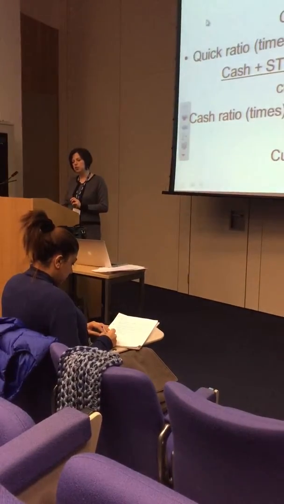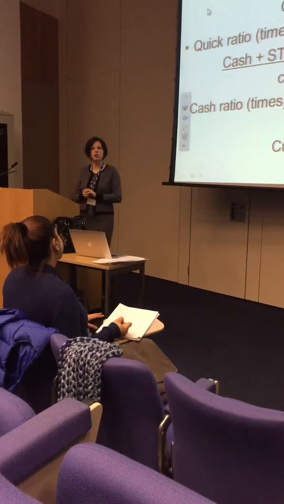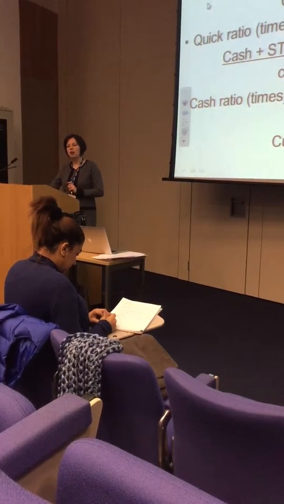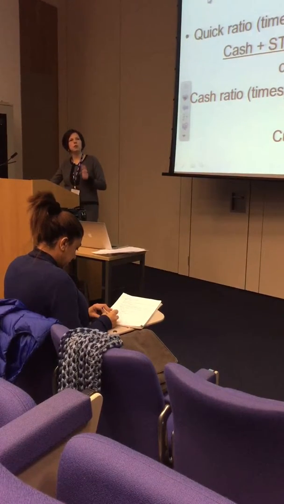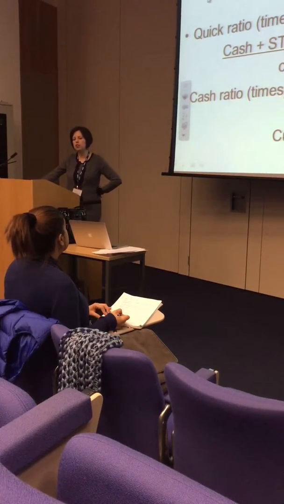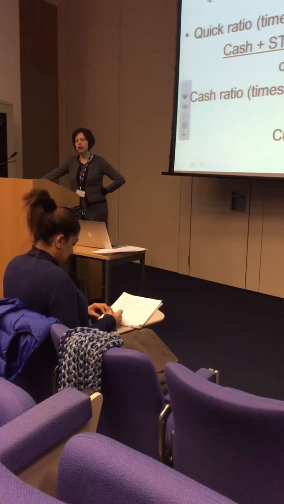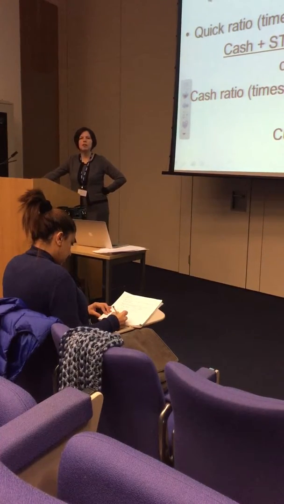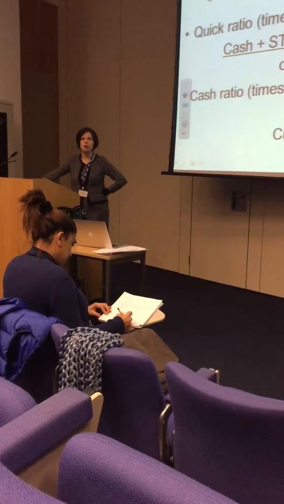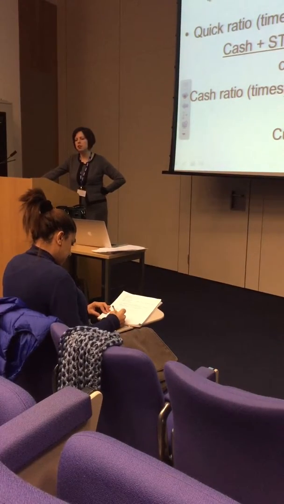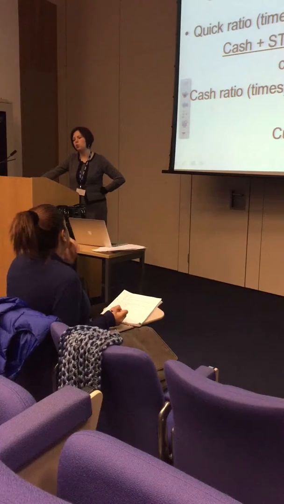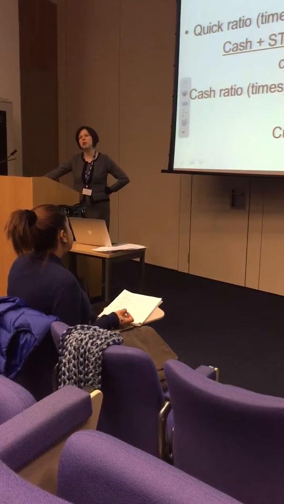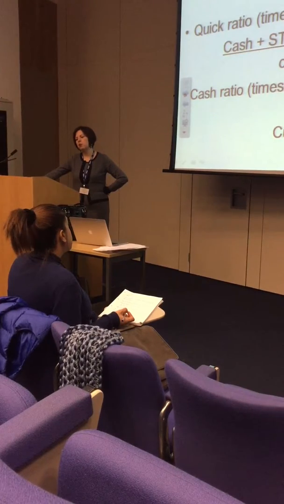But just to remind you, several ratios from the liquidity category. We have the 3 main ratios: current, quick, and cash ratio. In all cases we have current liabilities in the denominator, but what we have in the first part of the equation differs.